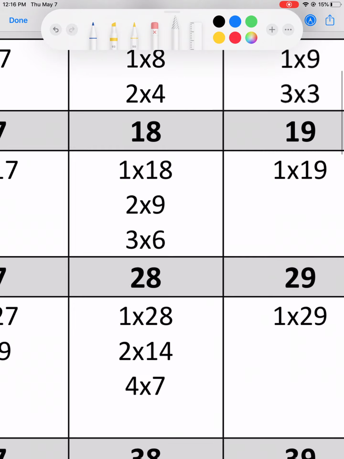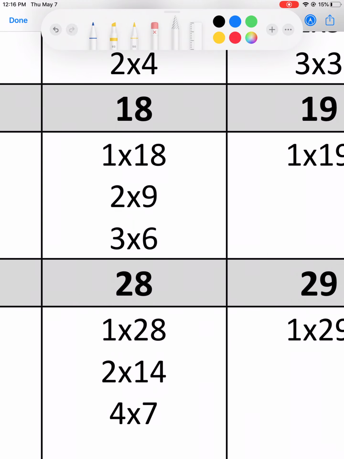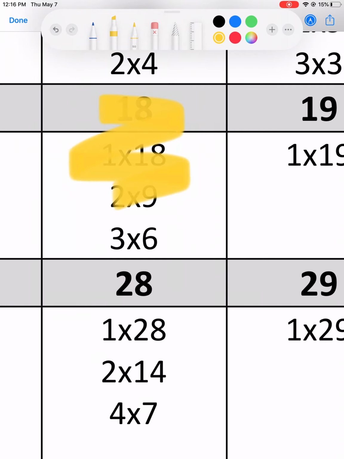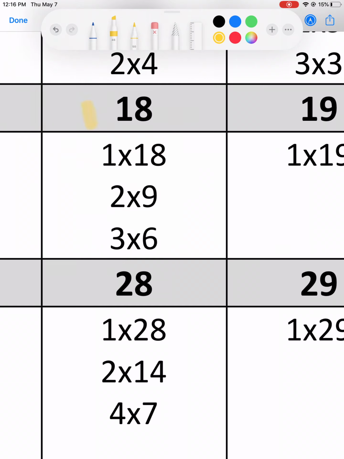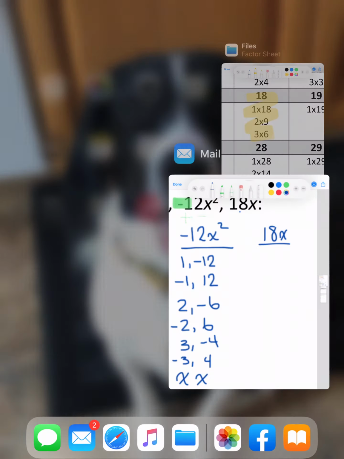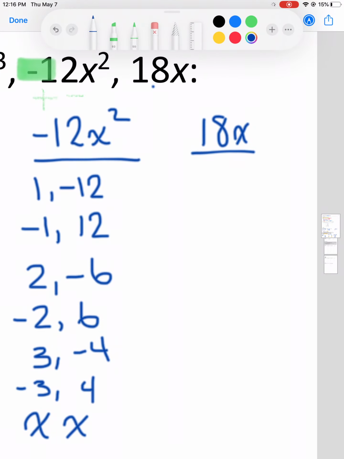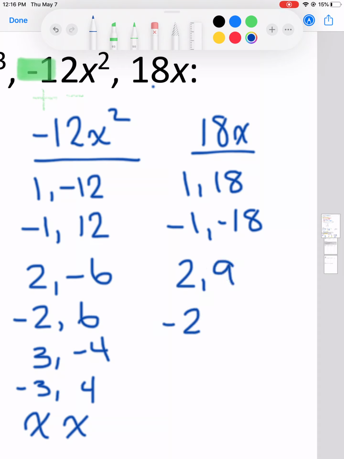Some of you might need to look at the sheet. 1 by 18, 2 by 9, 3 by 6. So again, it's positive. So 1 times 18, -1, -18. 2 by 9, -2, -9. 3 by 6, -3, -6. And there's an x.